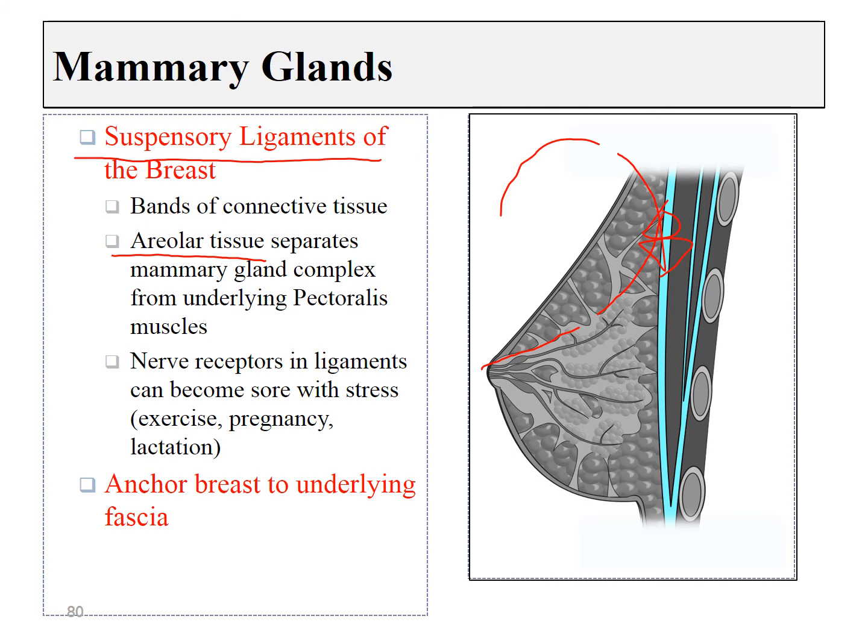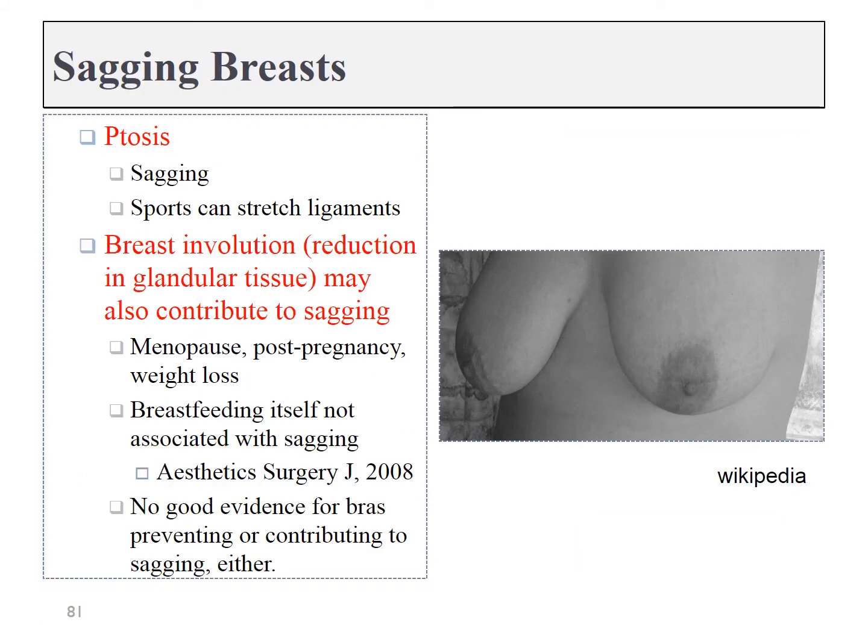the body. Damage to these ligaments can cause ptosis, or sagging of the breasts, although a more common reason for sagging to occur is rapid growth of breast tissue during pregnancy, followed by a reduction in that glandular tissue after pregnancy. Breastfeeding is not a contributing factor.